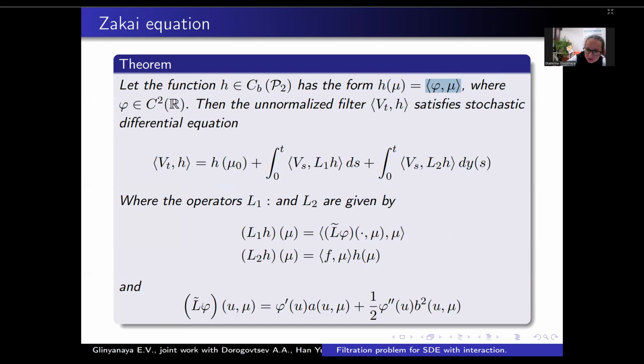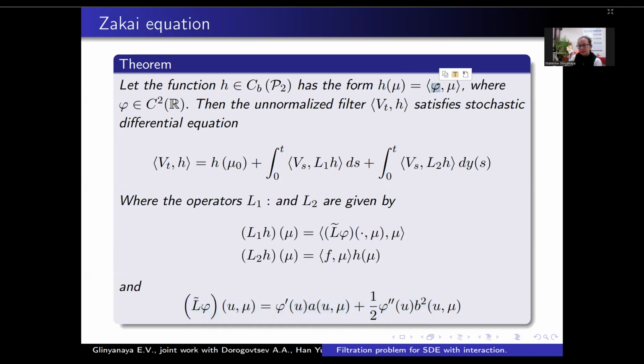So we get this quite simple form of the action of L tilde, the generator, on this phi.